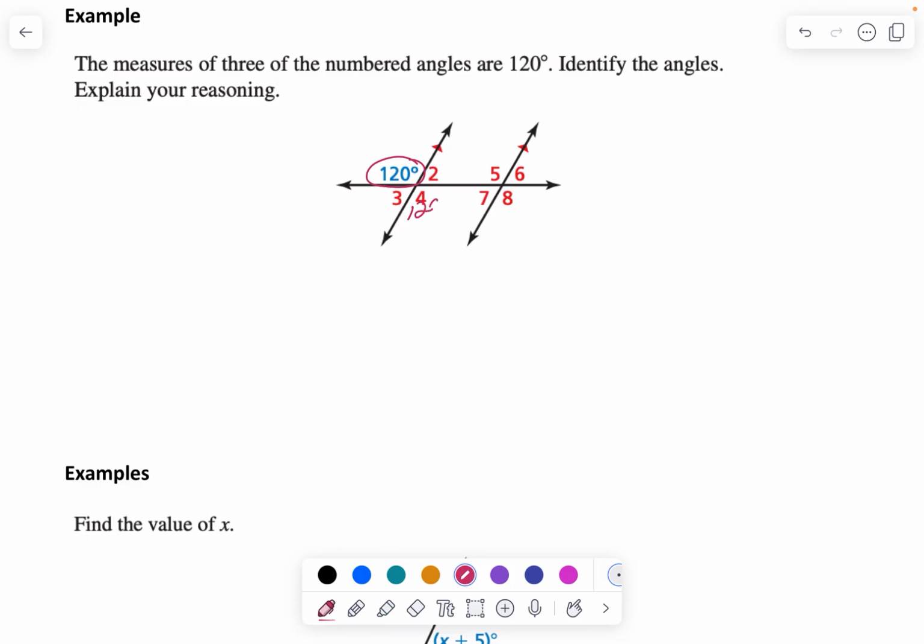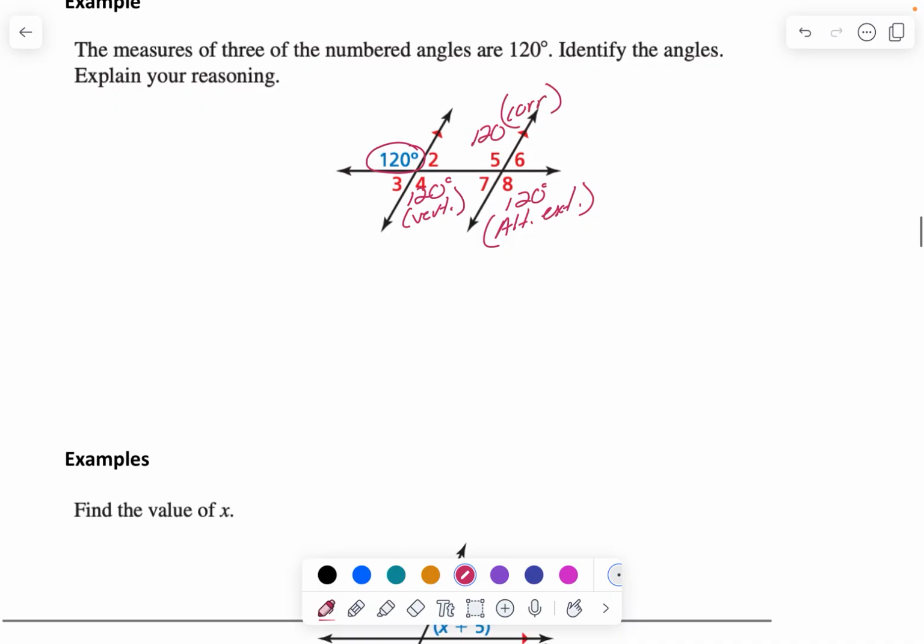Well, this one would be, because it's a vertical angle, okay? This one would be because it's alternate exterior angle, and this one would be 120 because it's a corresponding angle. So there we go.